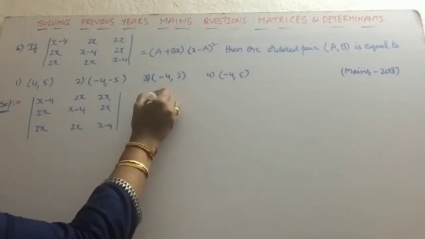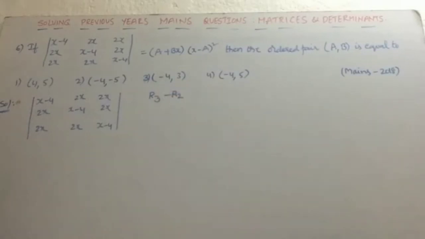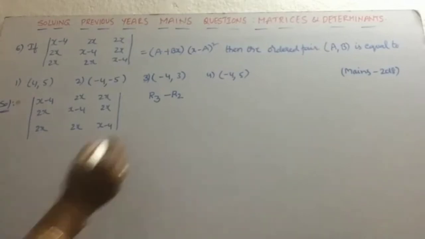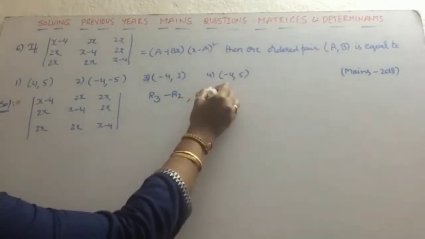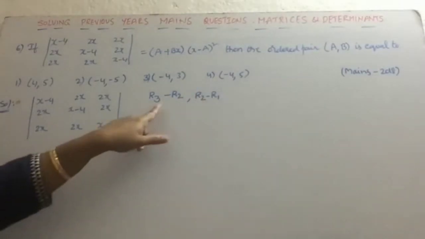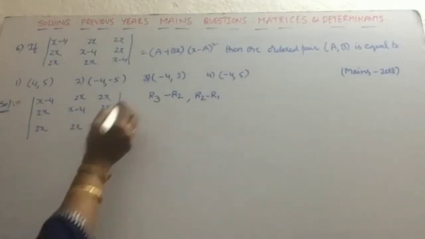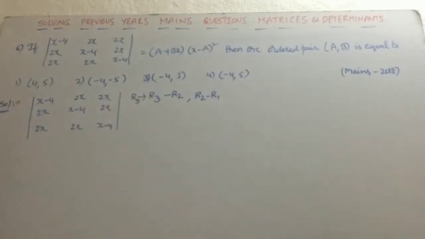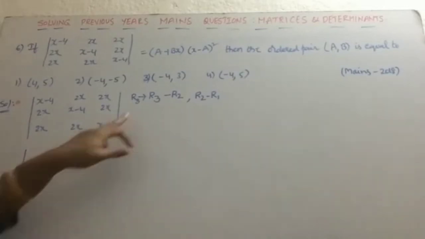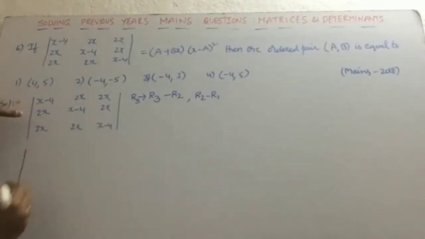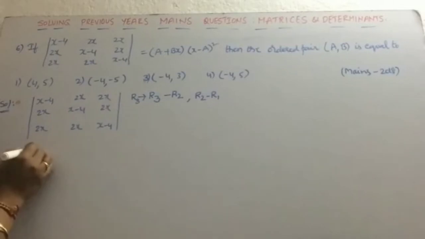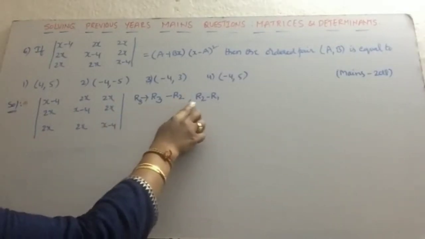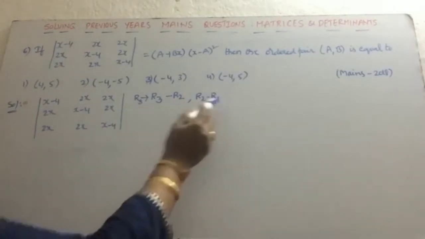Now I will subtract R3 minus R2 and R2 minus R1. So R3 implies R3 minus R2 and R2 implies R2 minus R1.